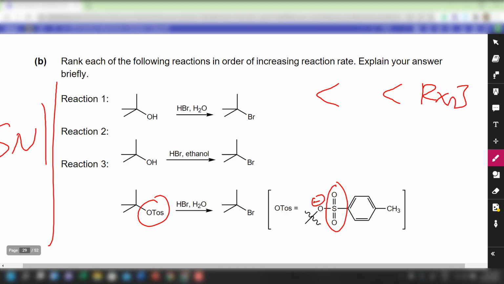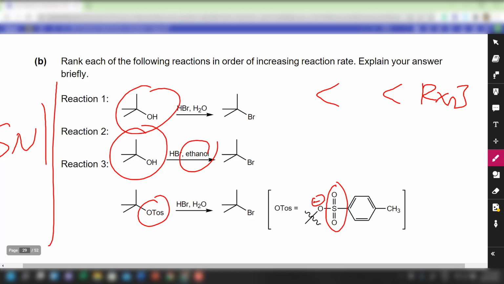Then what about between reaction 1 and reaction 2? Same substrate but different solvents. The question is which solvent is able to form stronger hydrogen bonds with the intermediate, which is able to stabilize the carbocation more.